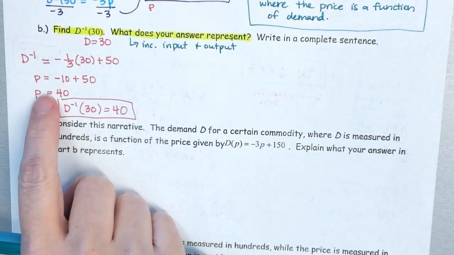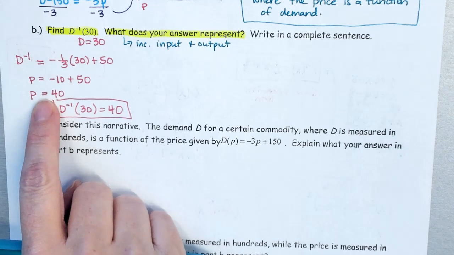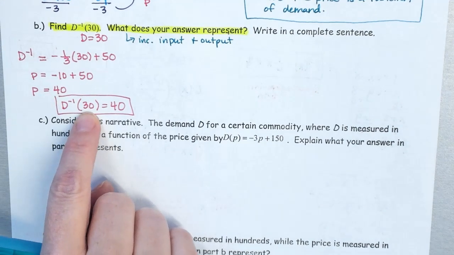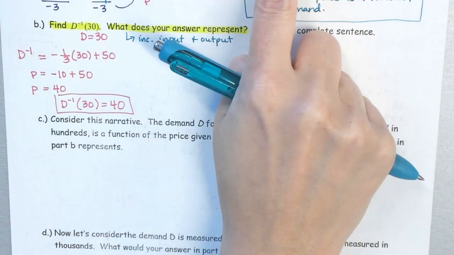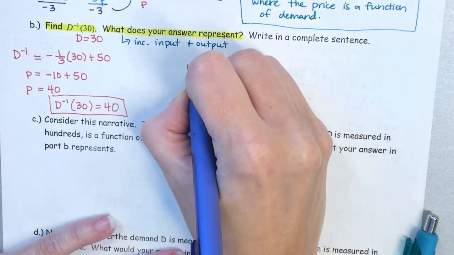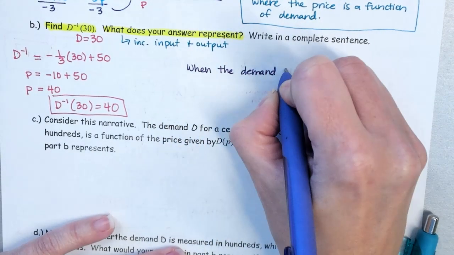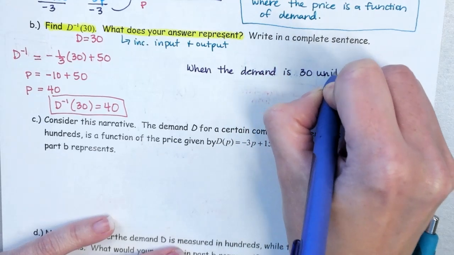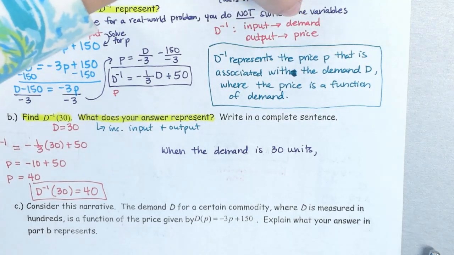Okay, so the reason why I put the P here is so you remember that P is going to be the price. Okay, what is the 30 representing? Yep, so the demand is going to be that units of the commodity. So we can say when the demand is 30 units, and again, up here, we did write down the input is the demand.